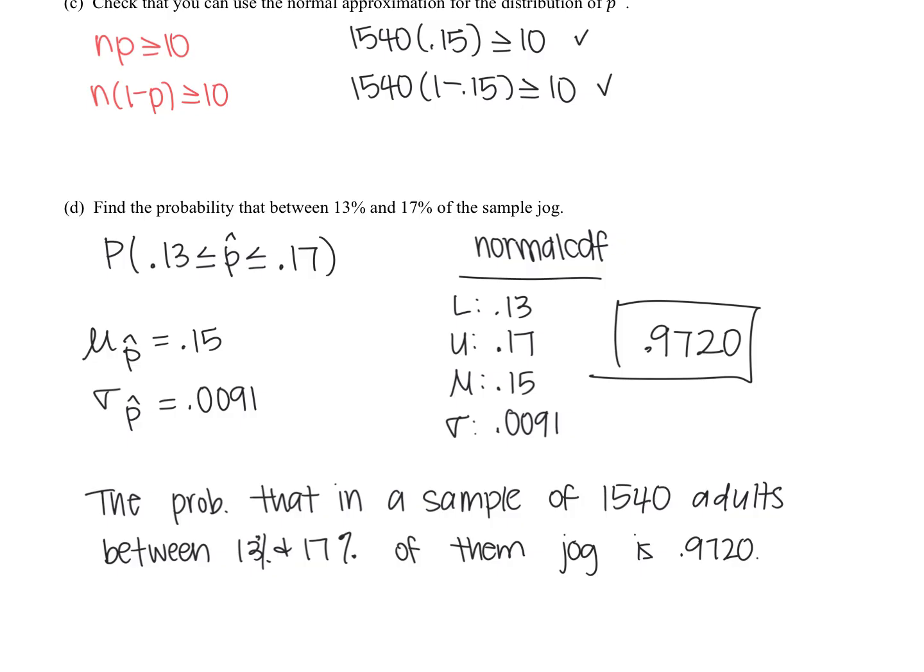You are also allowed to write your sentence using percentages. So you can say there is a 97.2% chance that between 13 and 17% of the sample jog. I don't care if you leave it as a probability or do it as a percentage, as long as your sentence talks about that and writes the context of the problem.